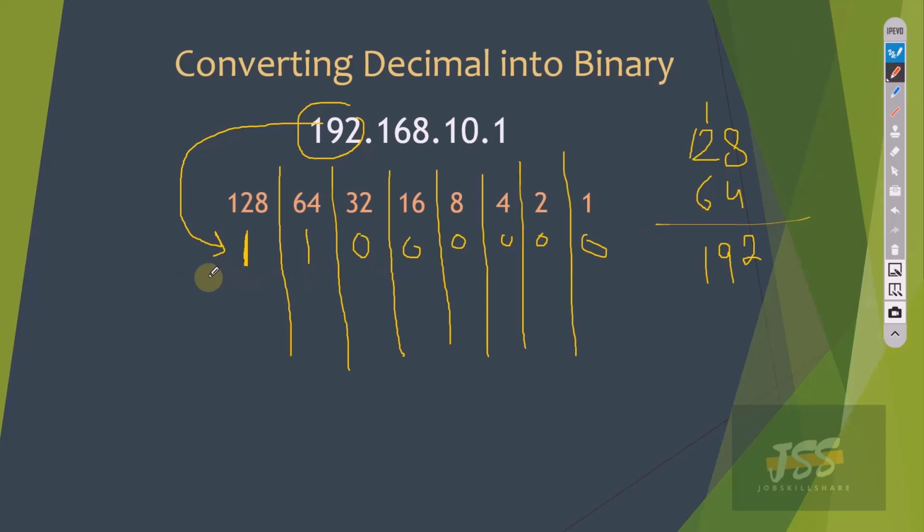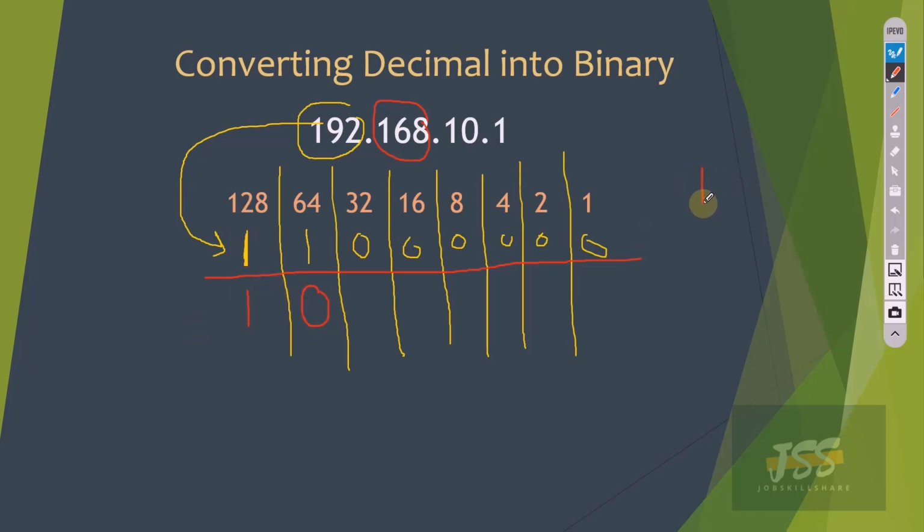Then how to make 168? Let's remove this portion because we have already done it. We know that we need to turn on the 128 bit, and previously we added 128 and 64, which became 192, bigger than 168, so the 64 bit will be off.